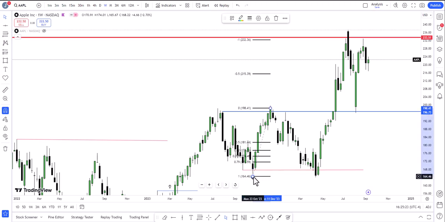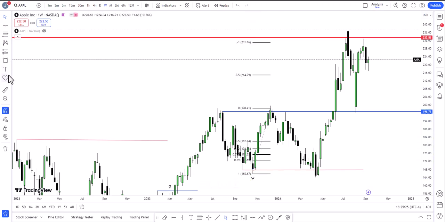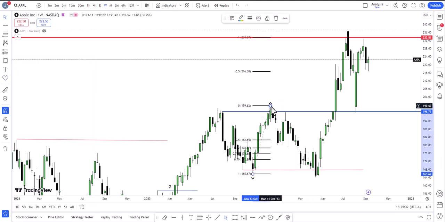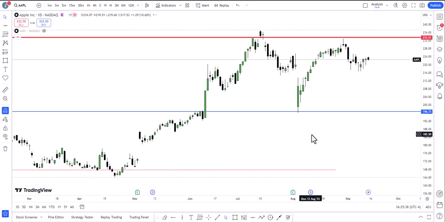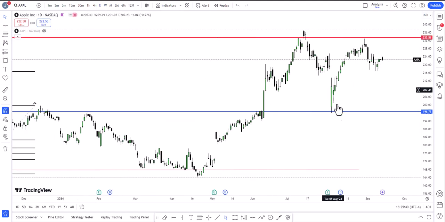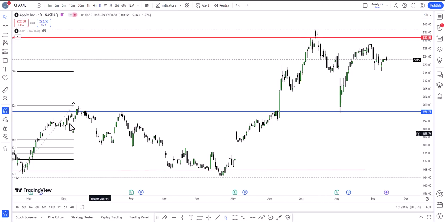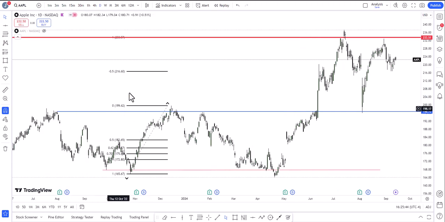Let's get the fib out of the way. And swing high right there. Measure that range. Boom, ran up perfectly to the pip. And then trade straight off of that, returning back into that level here.